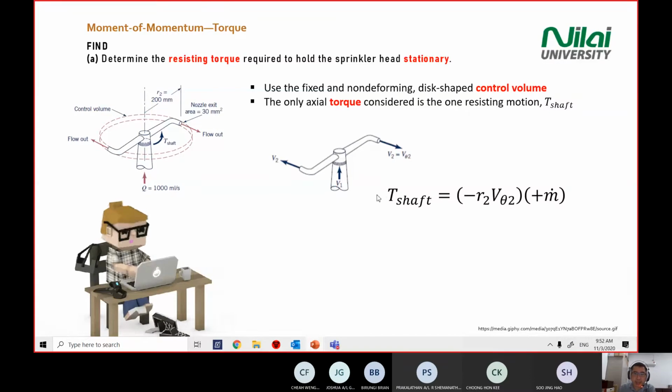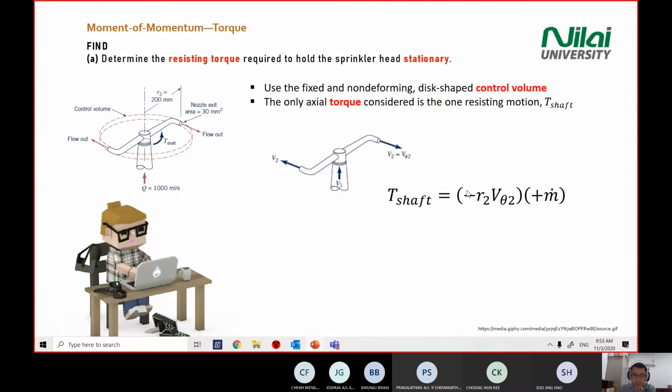All right. And recall the equation for your shaft, the torque for the shaft. Torque, again, is a moment, force times distance. So in this case, we use distance, velocity, and mass flow rate. Because the inflow and outflow are the same, the continuity equation is applied here, meaning there is no loss of mass flow. So your m dot is positive. And the R and V here is negative because the direction of your rotational motion and the direction of your flow are different.